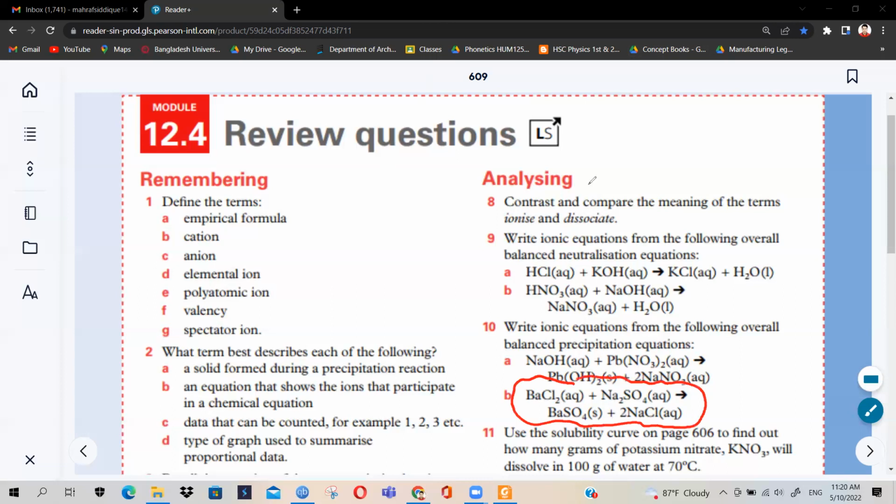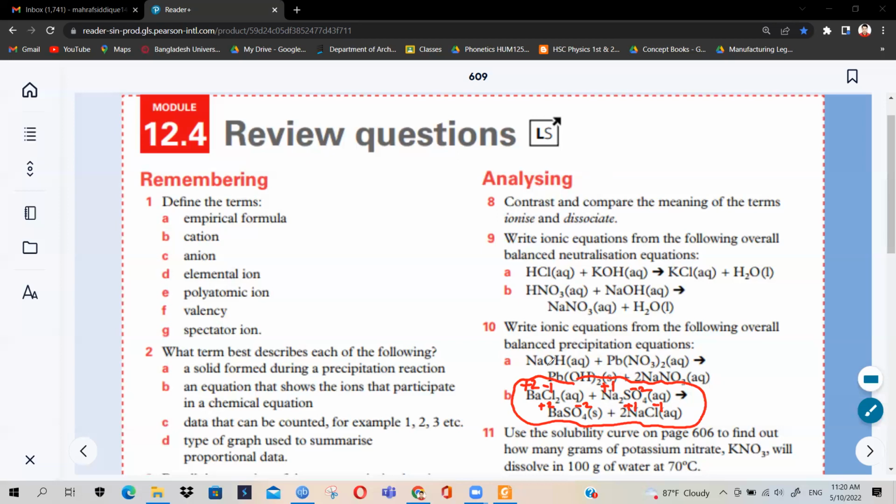First of all, what you are trying to do is identifying the oxidation numbers. That is great. Barium's oxidation number is +2, chlorine's -1, sodium's +1, sulfate's -2. Again, barium's +2, sulfate's -2, sodium's +1, and chlorine's -1. Now let us write down the ions.